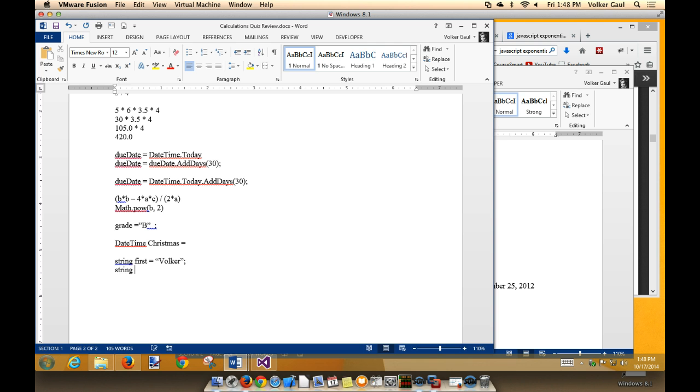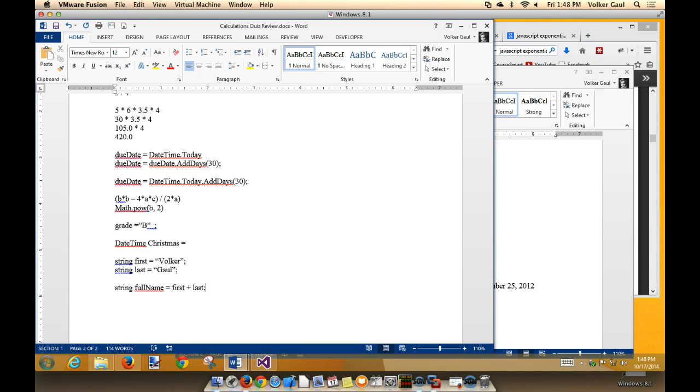Another string called last, set that equal to Gall. And then another string called fullName that I'm immediately going to initialize, or I can do it on the next line, to first plus last. What C# will do is concatenate, stick those 2 strings together.